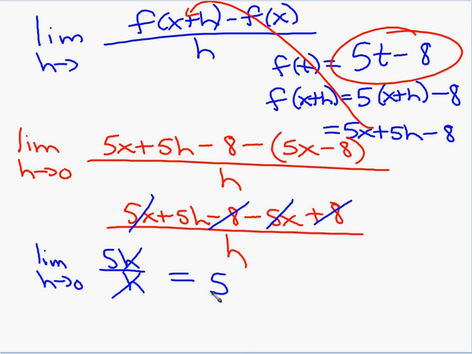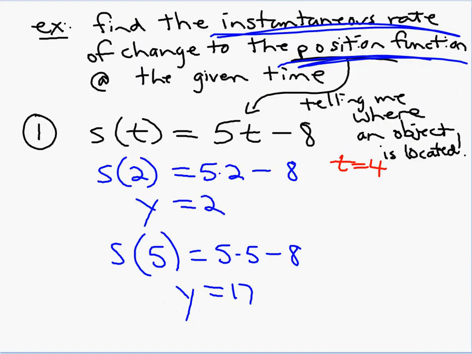And guess what? That is the derivative. This is s prime of t. I wonder why there's no t or x. Very good, because it's just a linear function to begin with, right? Look at my original function.